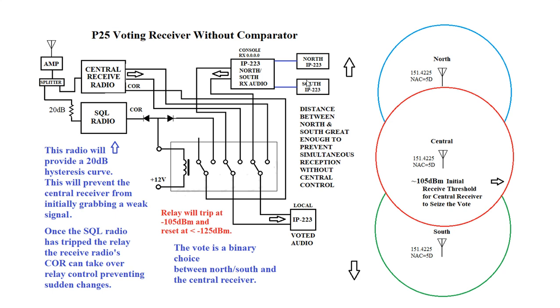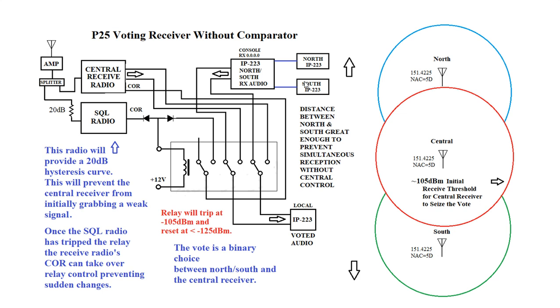At the main receive site here, the IP223 that they talk to is programmed in console mode, and I have a receive address of 0.0.0.0, which says I'll accept packets from anybody that comes in with the right port number. So it'll essentially take either one of these.